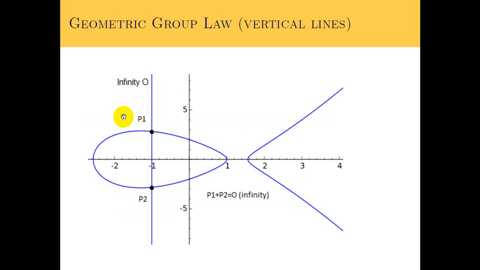Alright, here's the vertical line case, here's where that point at infinity comes in. What happens if we want to add a point to another point? When we connect the secant line, we don't get a third point of intersection. This is where the point at infinity that we add comes in.